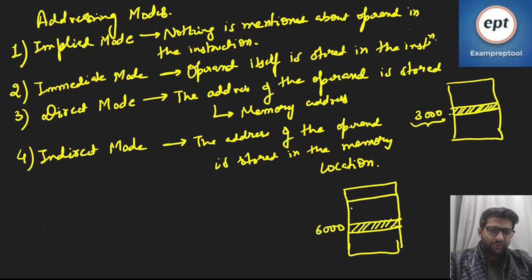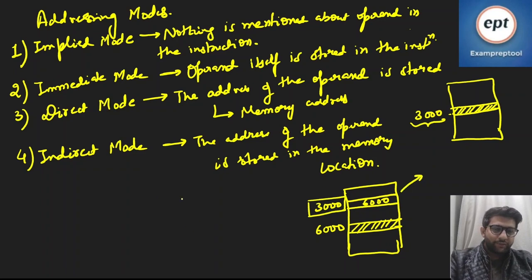Now there will be another memory location, let's say 3000, and this will store the value 6000. And this value 3000 will be stored in our instruction. So this type of addressing mode supports the concept of pointers, right? Pointers follow a similar concept.